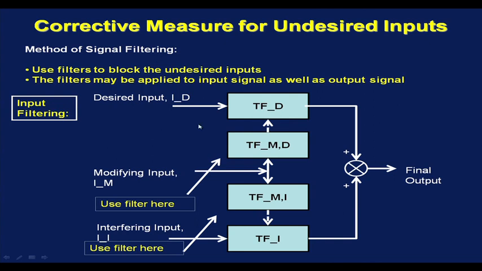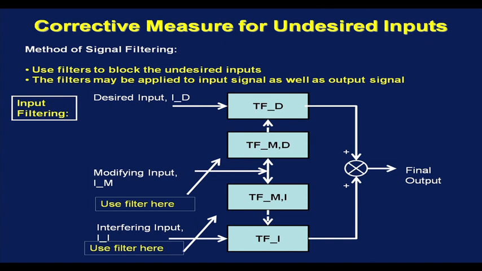So, we can block the undesired inputs, namely modifying input as well as interfering input, by introducing suitable filters. The filters may be applied to input signal as well as output signal. Depending on whether we apply the filter to input signal or output signal, we can have input filtering or output filtering.